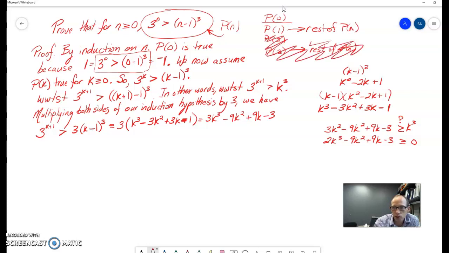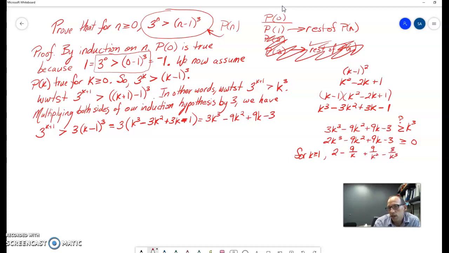So what we're going to say is for k greater than or equal to 1, we can divide by k cubed. We couldn't do that for k equals 0 because you can't divide by 0, but as long as k is a positive number, we can divide by k cubed, and we'll get 2 minus 9 over k plus 9 over k squared minus 3 over k cubed.